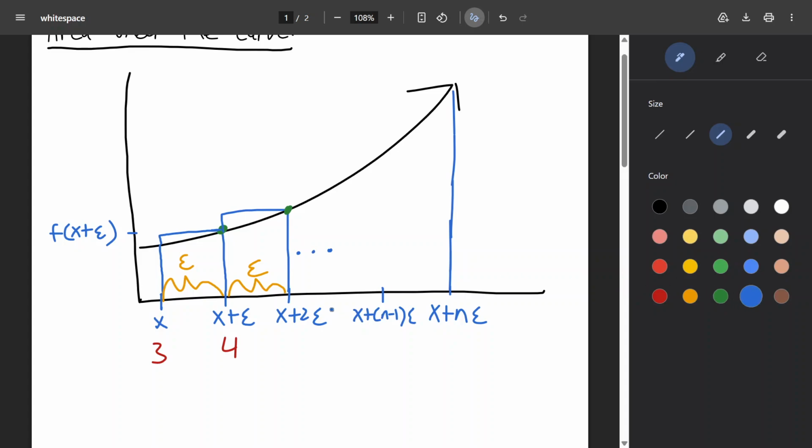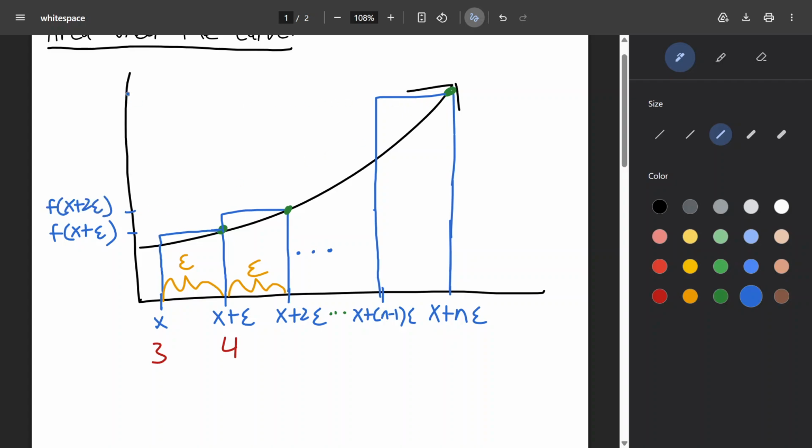Let's also draw some dots here. And then let's draw a point and finish closing off the rectangle. Perfect. All right, so again, this output here is going to be f of x plus 2 epsilon.